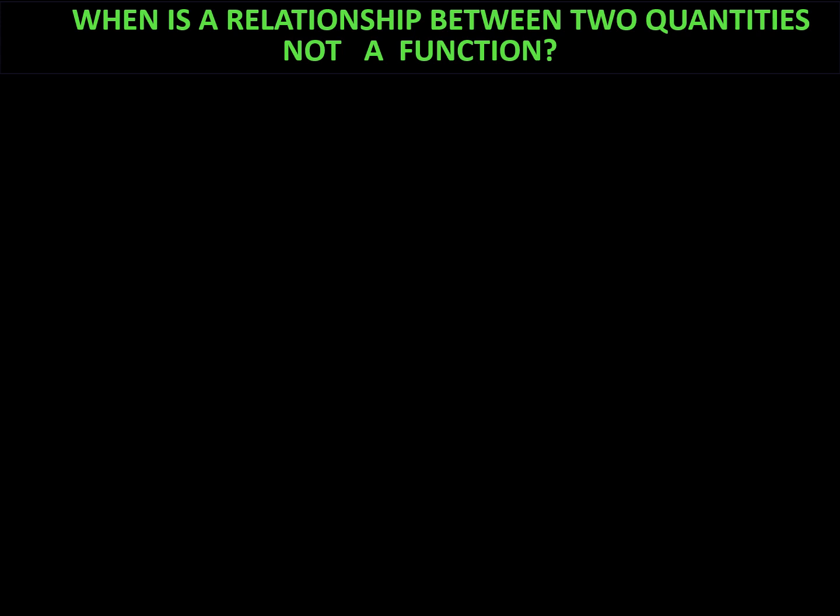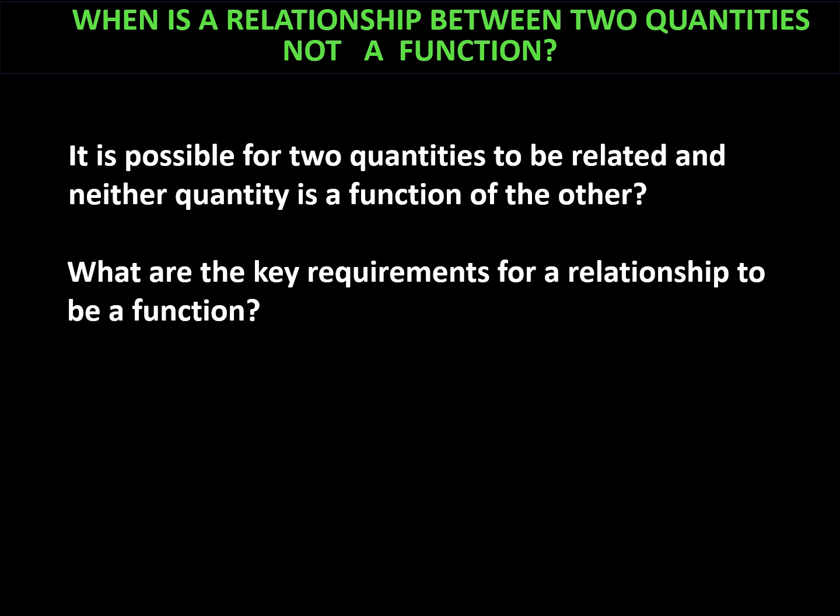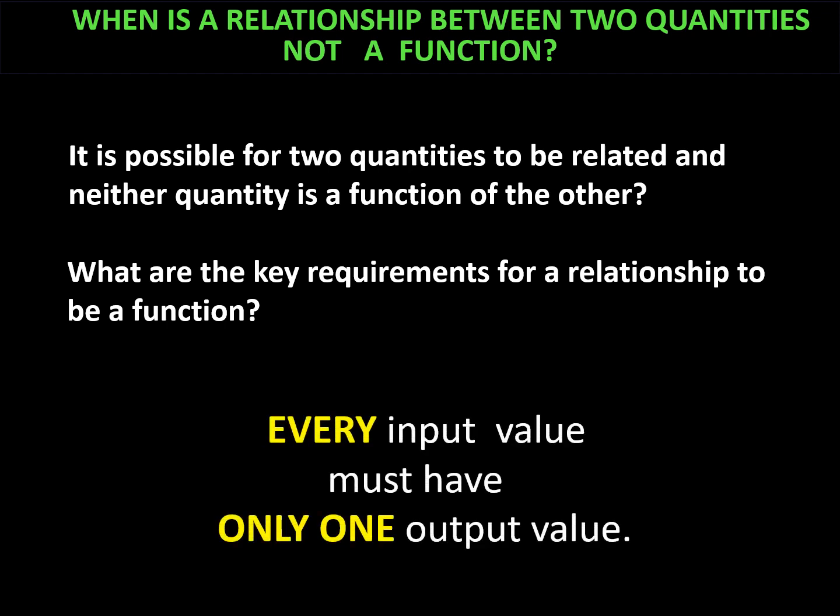Now, when we work with relations, some of these relations are functions and some relationships are not functions. So when would we know when it's a function or when it's not a function? And what are the key requirements for a relation to be a function? Now, the most important one is every input value must have only one output value, right?